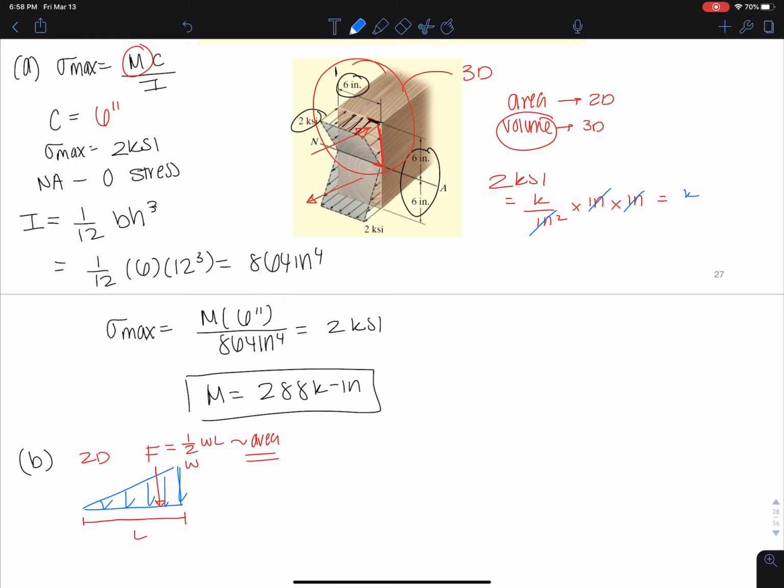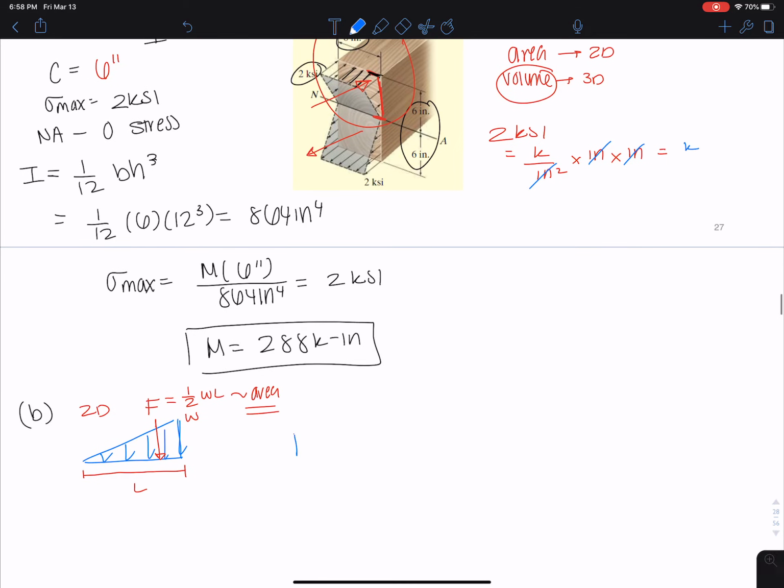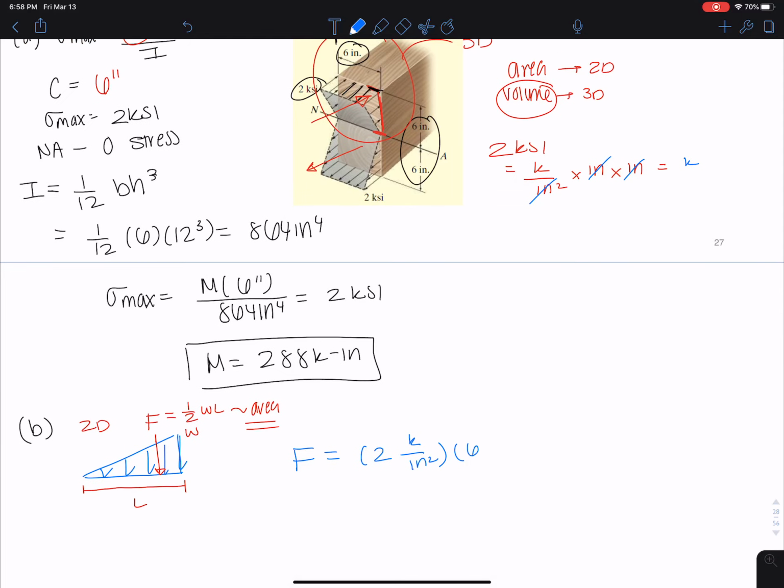So I need to take force equals the 2 kips per inch squared times the 6 inches times the other 6 inches, and this is a triangle, so I need to multiply by 1/2, and I get my force, and this is the force of the couple here, this F.